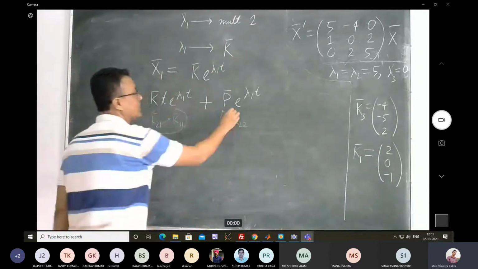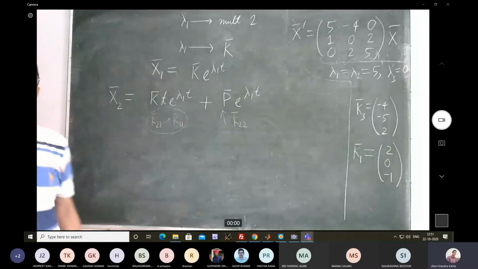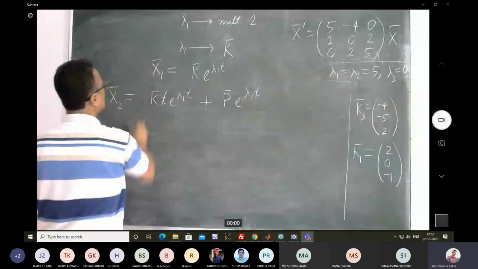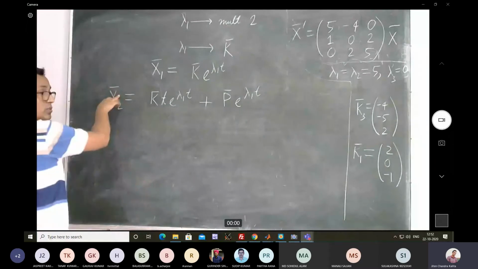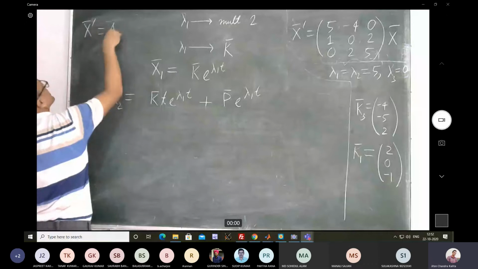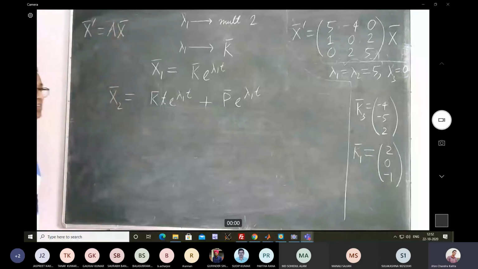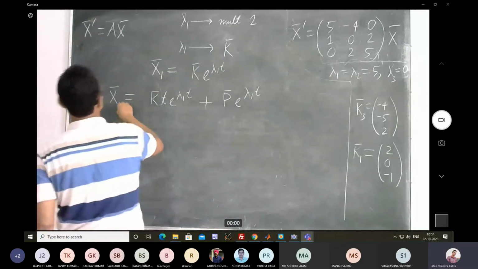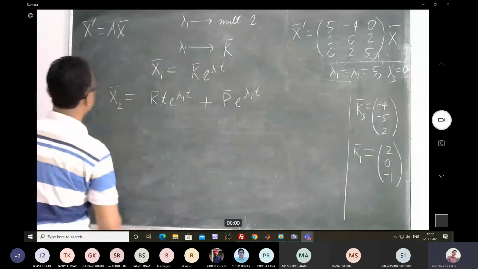Is it okay with everybody? In the previous formulas that I have written. Now you know that your x2 is a solution of the system of first order linear equations given by that. So now if I plug this x2 in, what is going to happen?